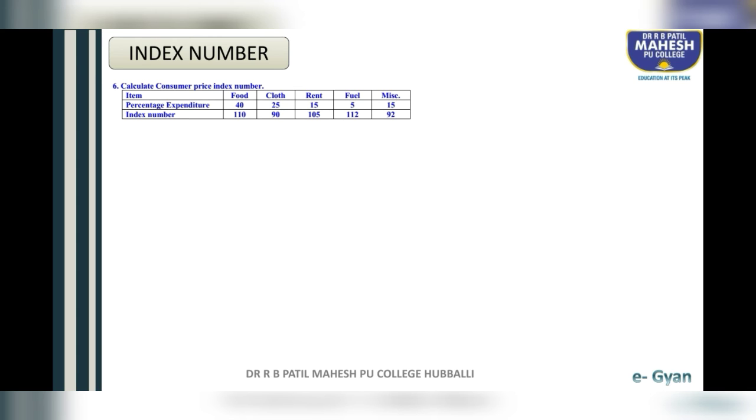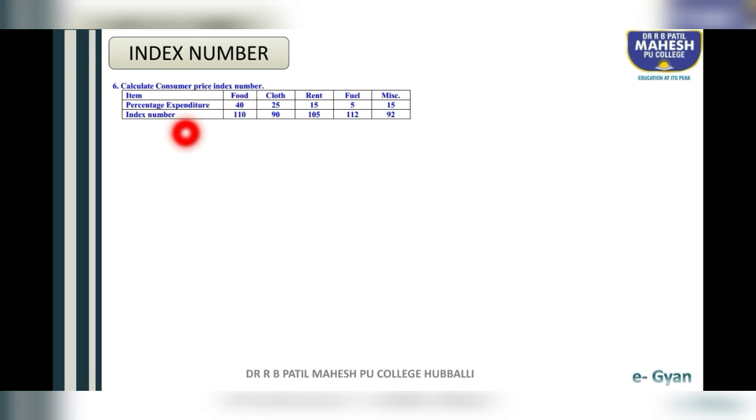What is given here? Percentage expenditure. Percentage expenditure in the sense directly you take it as W.